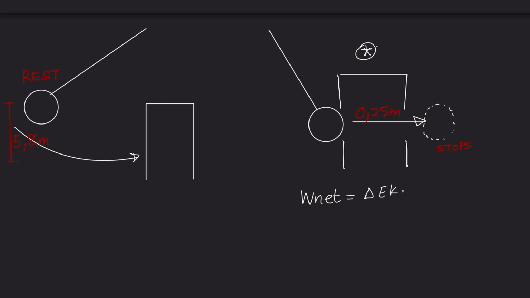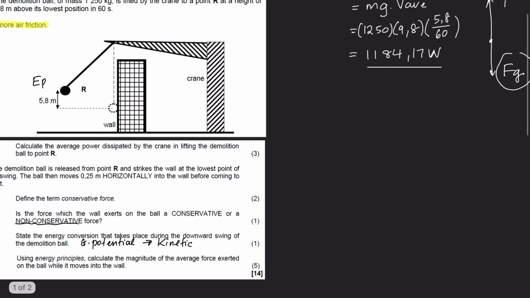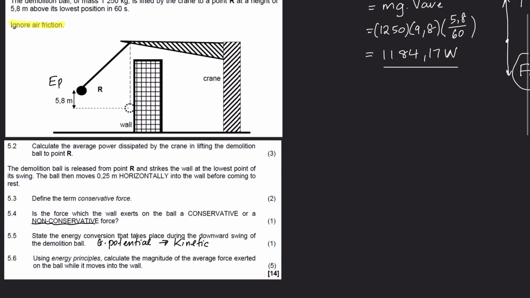But what's missing is that we don't know the velocity at which this crane hits the building, right? Remember, at this point at the top, it's held at rest, it swings, and then it hits the building here. We don't know that velocity, but we can work out that velocity. And we can use grade 10 energy principles. So remember, there is no air friction, right?